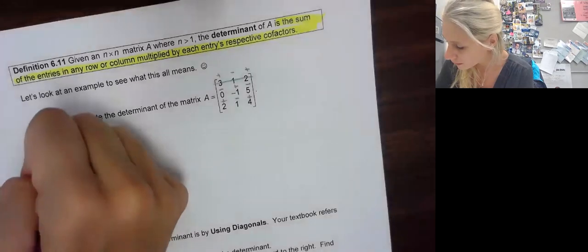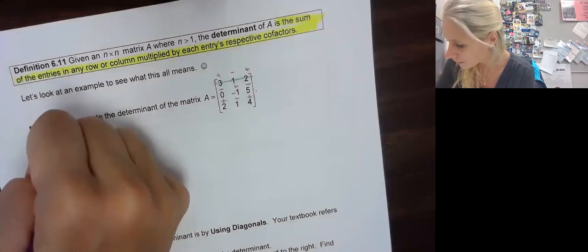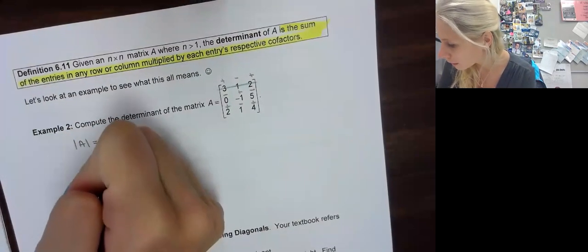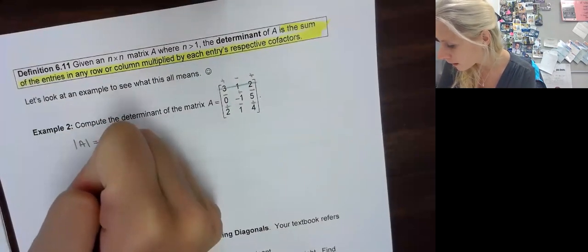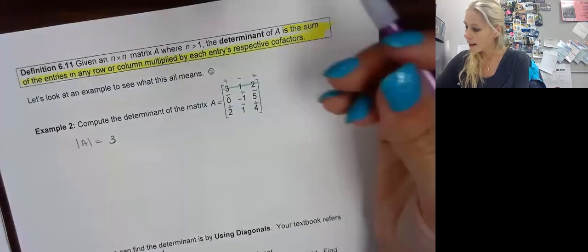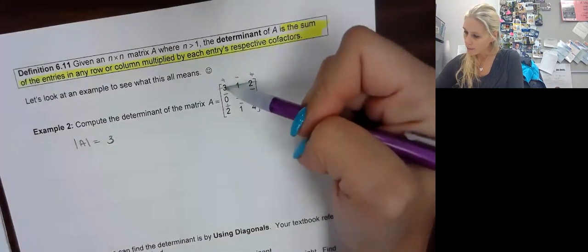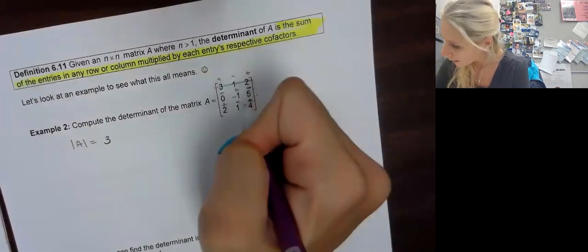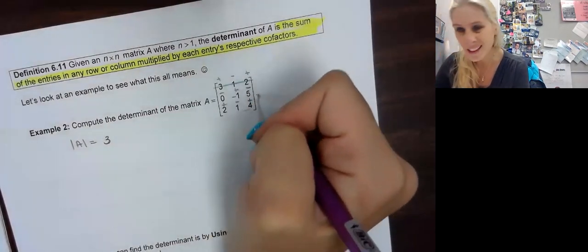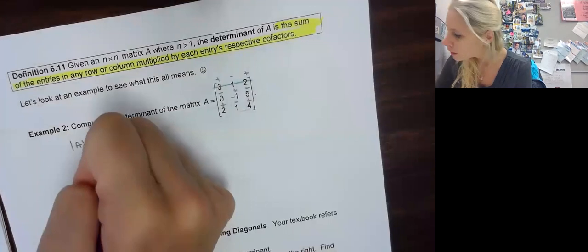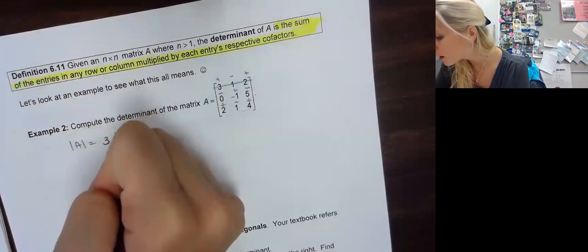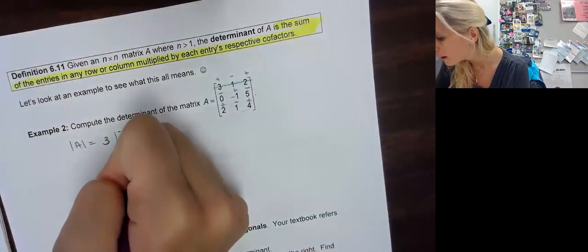So I'm going to denote this a different way. I'm going to do determinant of A equals. Now I'm going to start with 3. And when I look at 3, I'm going to ignore the row and column of 3. And I'm left with a new 2 by 2, right? So it's almost as if I have this -1, 5, 1, and 4.